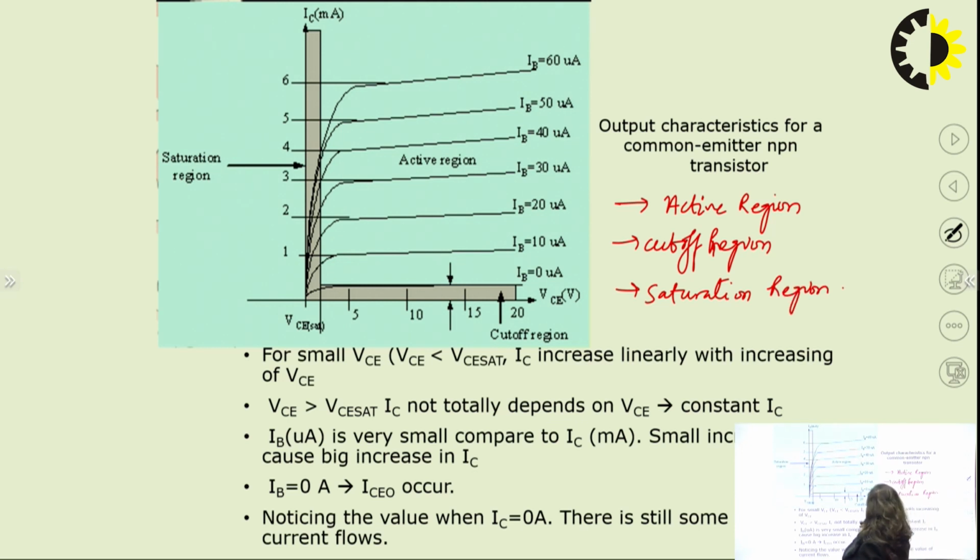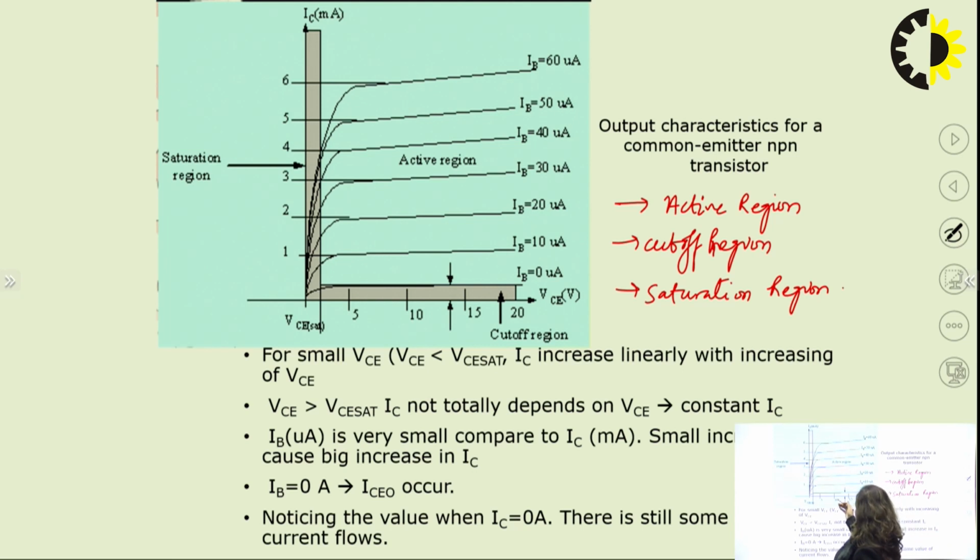So we have a curve between VCE and IC, and the base is common, that's why the current for the base is here 0 microampere, then 10 microampere, then 20 microampere, then 30 microampere. We are increasing the current from 0 to 60 microampere.